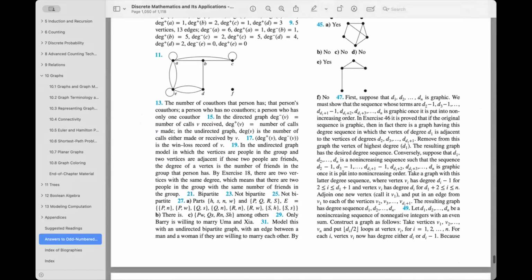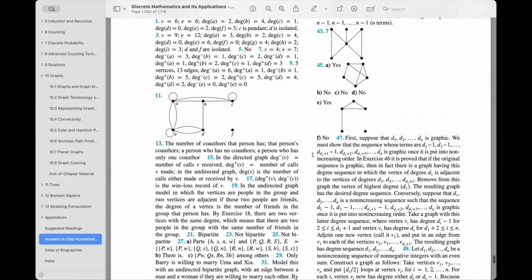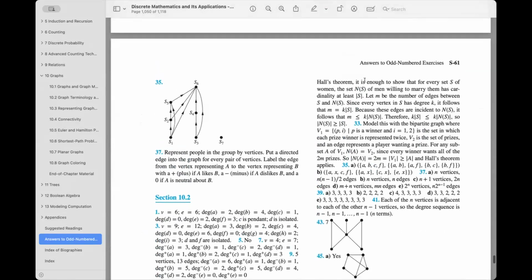Model this with an undirected bipartite graph with an edge between a man and a woman if they are willing to marry each other. By Hall's theorem, it is enough to show that for every set S of women, the set N(S) of men willing to marry them has cardinality at least |S|.